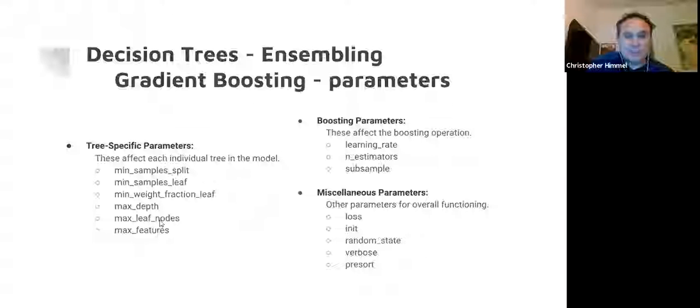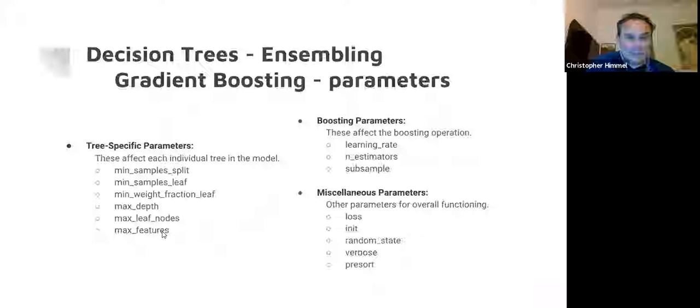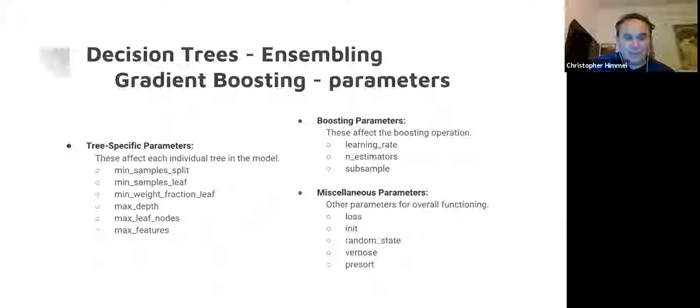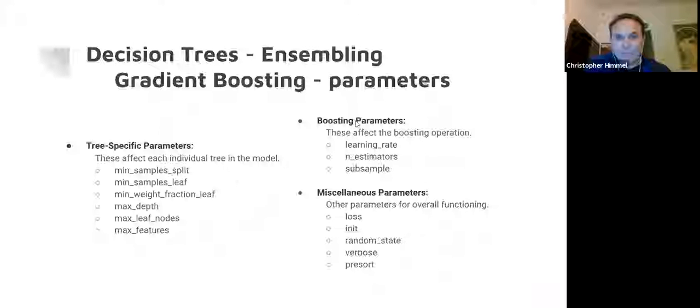What's the maximum number of nodes for our weak learner, and maximum number of features? This is if we're going to cut down our tree and only use some features, not all of the features, for our weak learner.